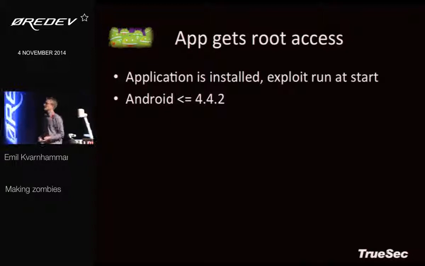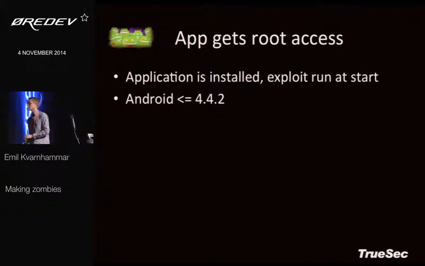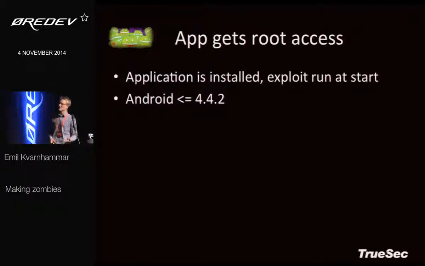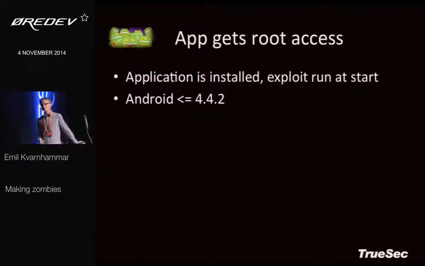So we're going to look at an application getting root access. It's just simple installation of an application. The application will, when started, immediately run an exploit to get root access. And this works on Android up to 4.4.2.